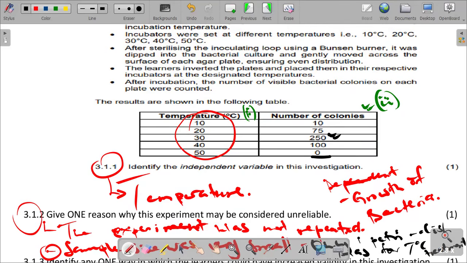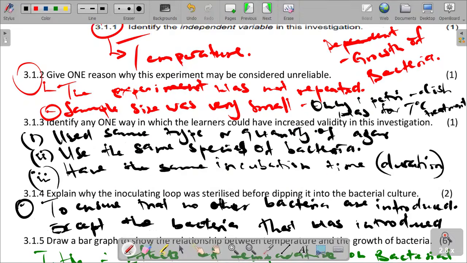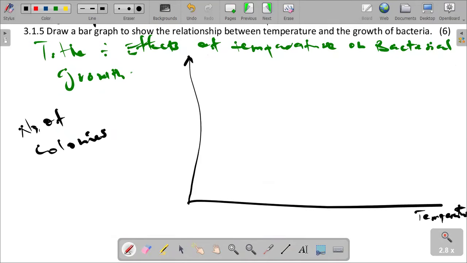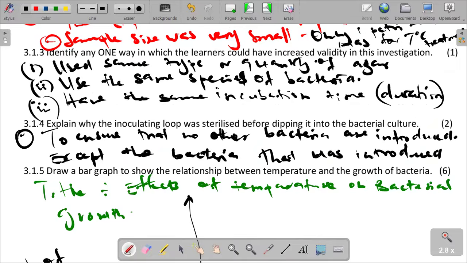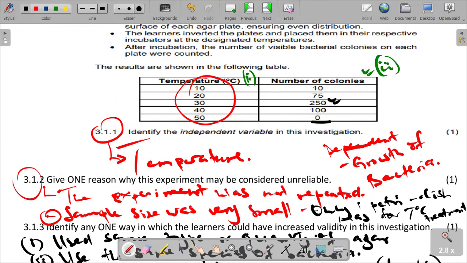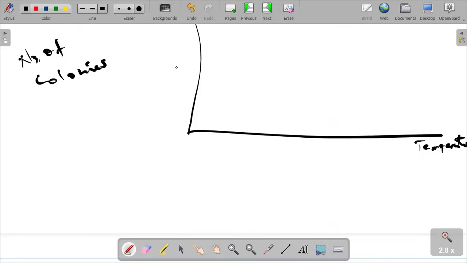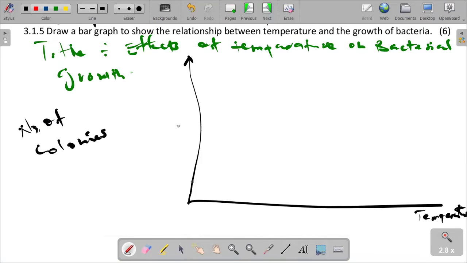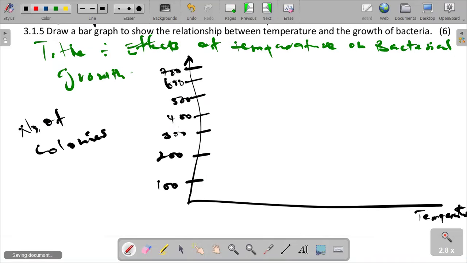I can choose a scale of 100, so I have 100 on the lowest, 100, 200, 300, 400, 5, and up to 7 on the axis as I've drawn there.